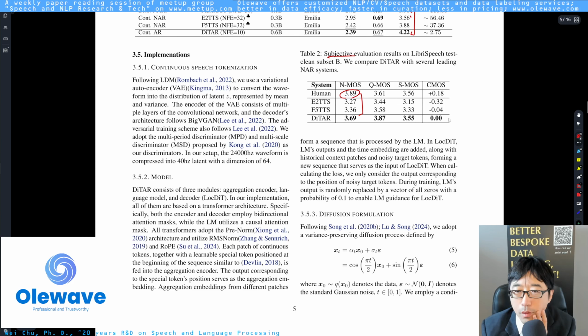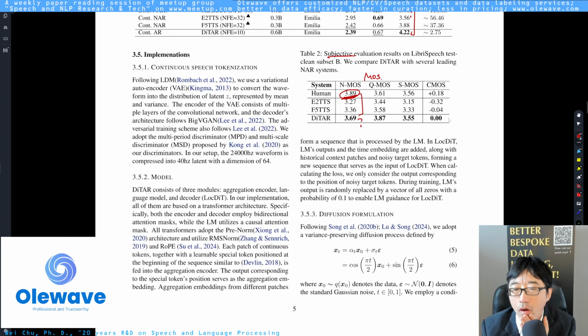They should have bolded this one other than this one, right? Because the higher the score, the better. This should be bolded.